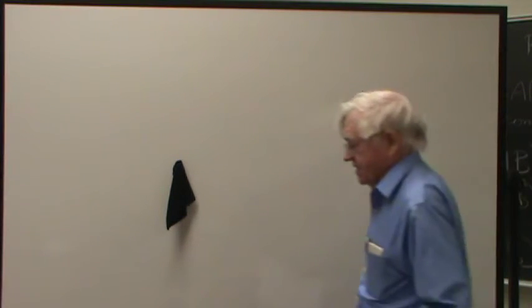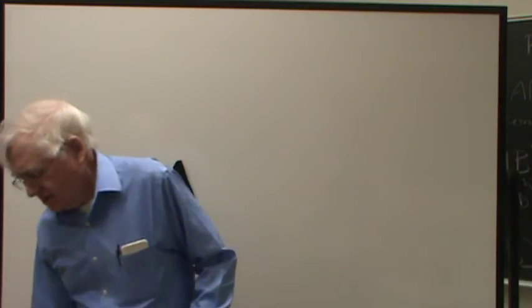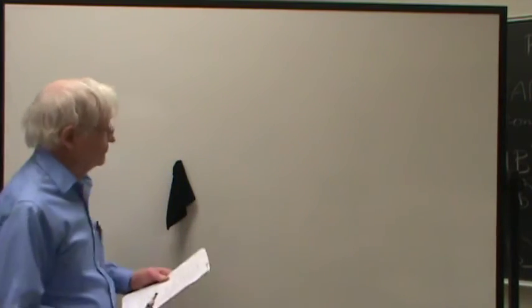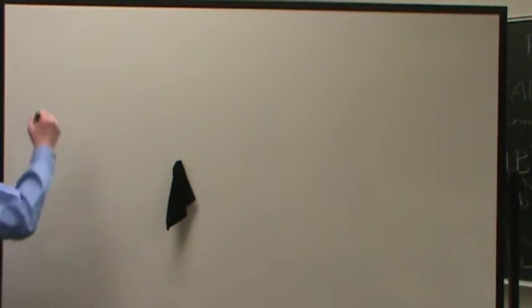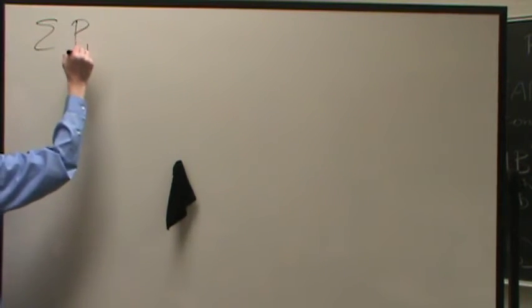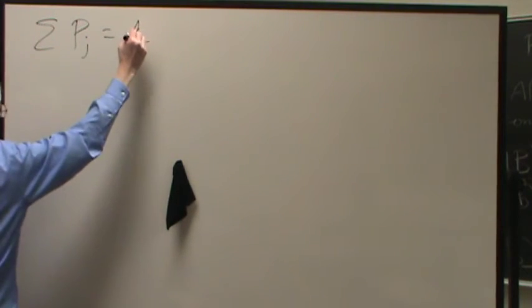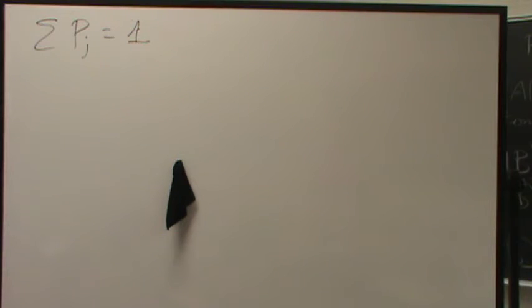Okay, so in some cases the outcomes are discrete and denumerable, in which case the sum of them has to be equal to 1.